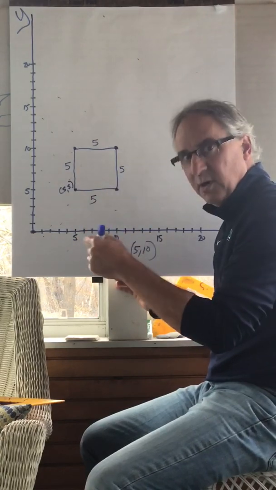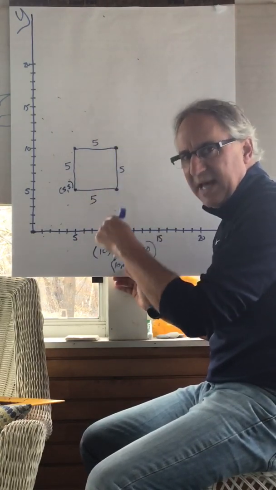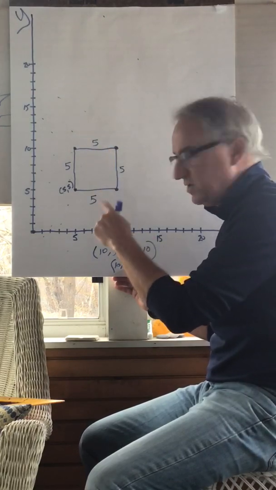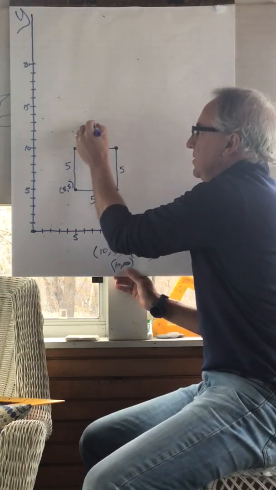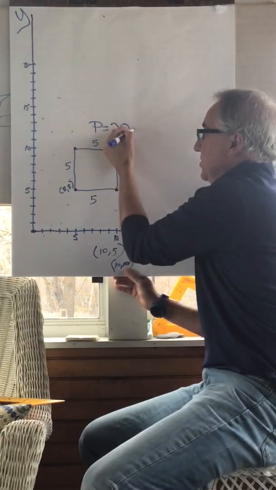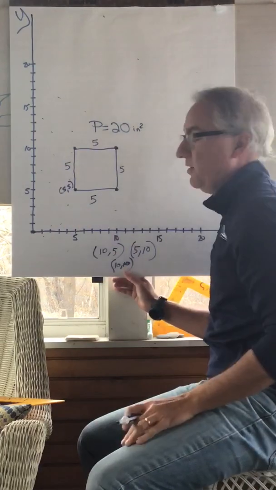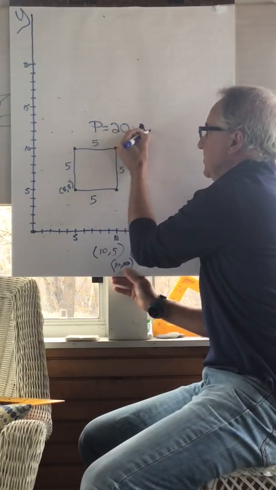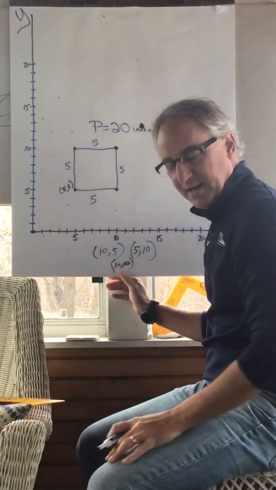So the perimeter of the quadrilateral that I just plotted on the coordinate grid is 20. I happen to be in inches, so it's not squared. It's just inches, because it's the measurement around the outside.